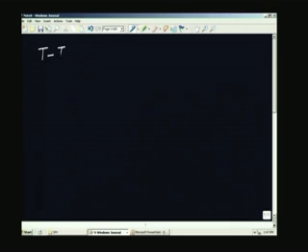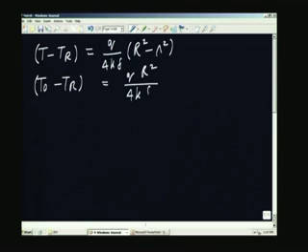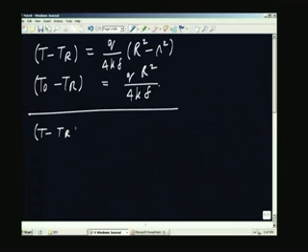You know already that T minus Tr is equal to Q by 4 K delta into (R squared minus r squared), and we also know that T naught minus Tr is equal to Q R squared by 4 K delta. So, from these two I can get the following: T minus Tr divided by T naught minus Tr, dividing one by the other, Q by 4 K delta will go off.